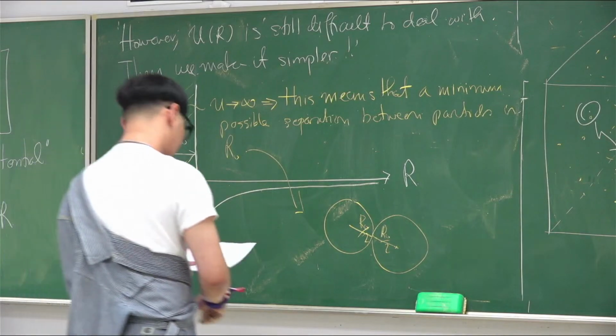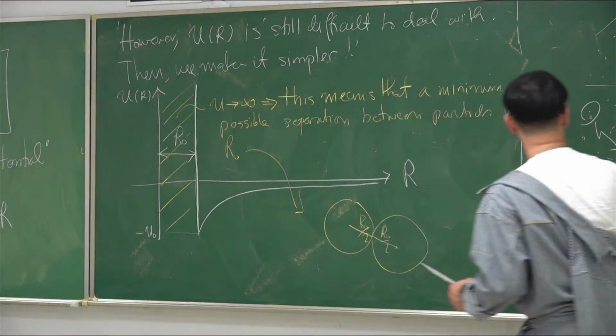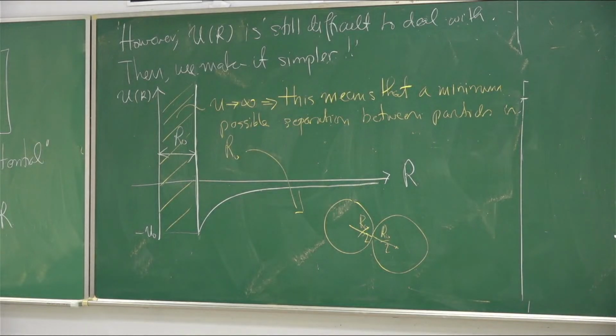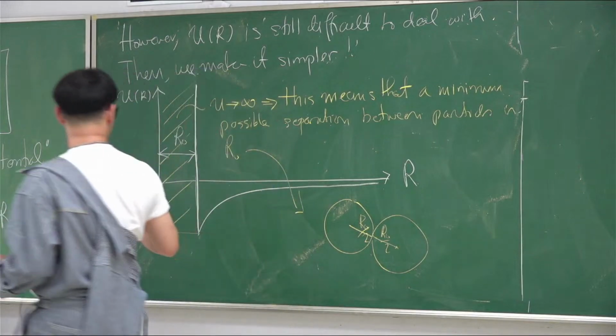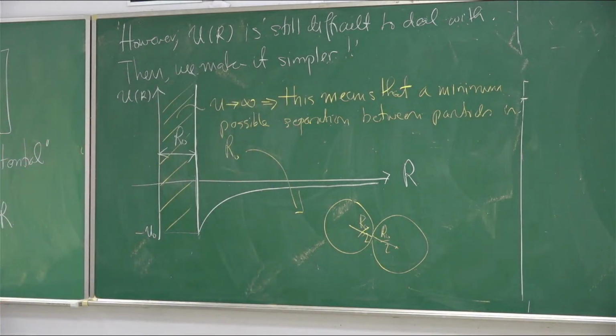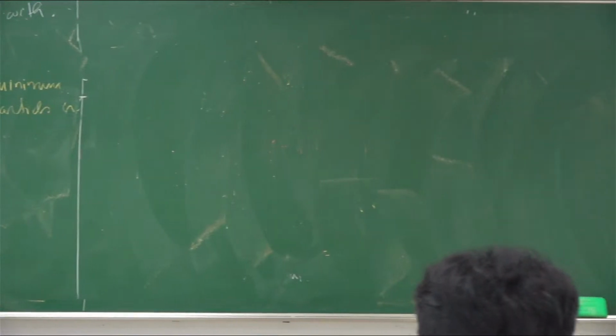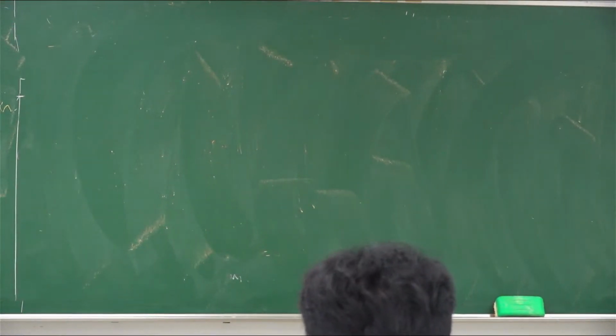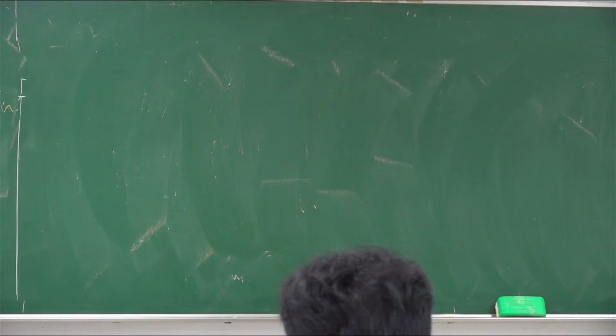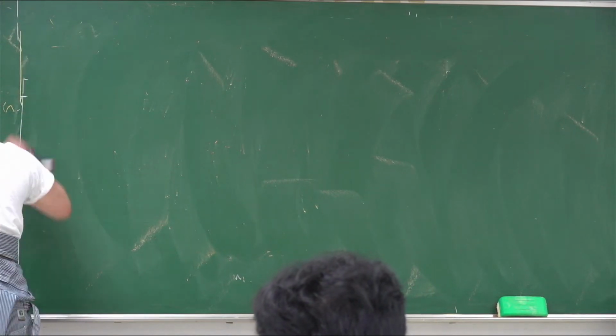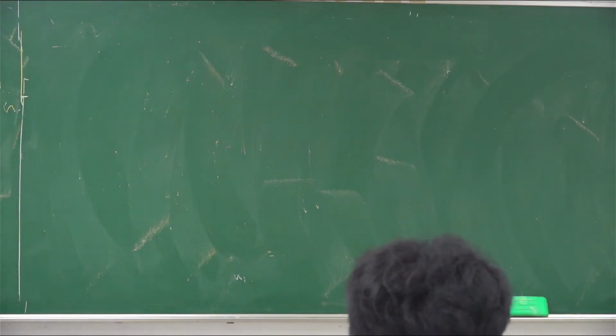Okay, so now I think this kind of potential is better than this one, because you see it looks more friendly than that one.